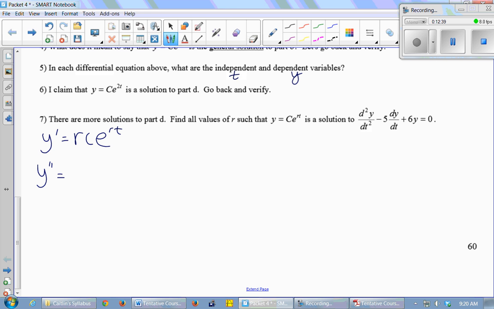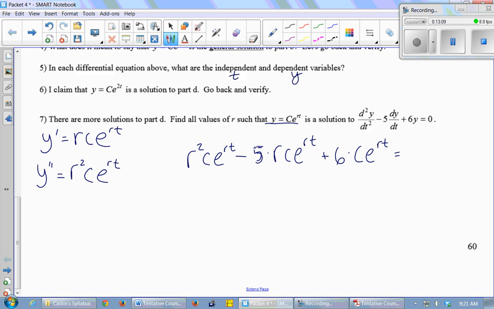R squared, yeah. R squared c e to the rt. All right, so for this to be a solution, it has to satisfy this equation. So if I take the second derivative, r squared c e to the rt, minus 5 times the first derivative, plus 6 times the original function, I have to get 0.